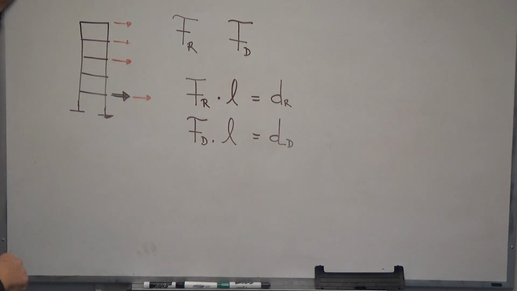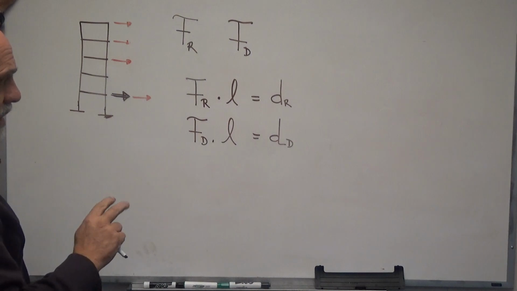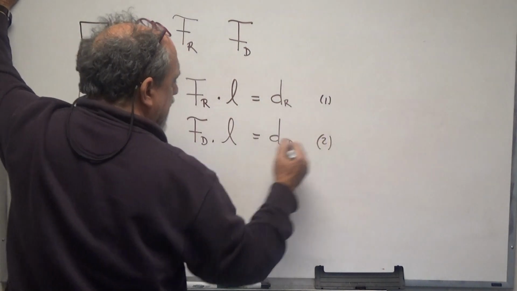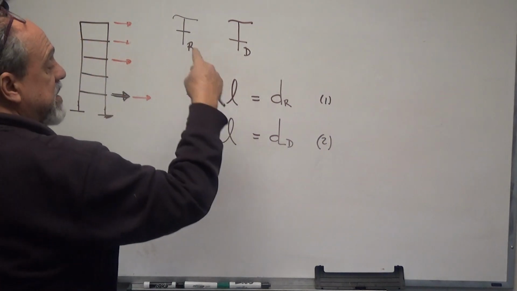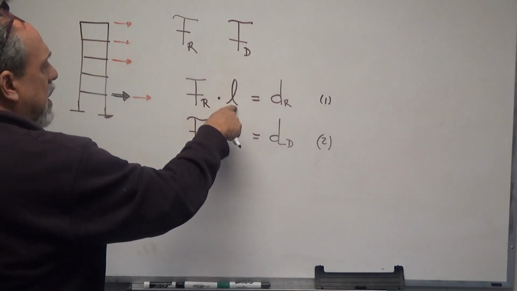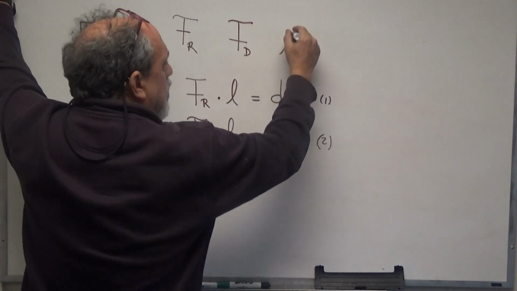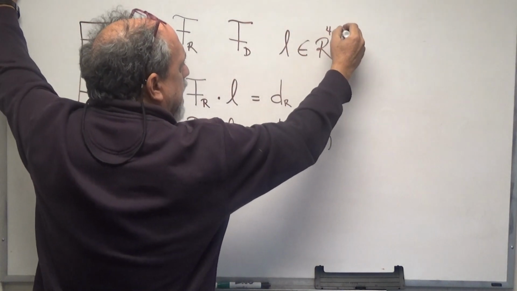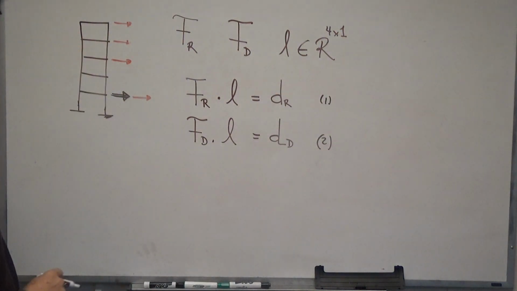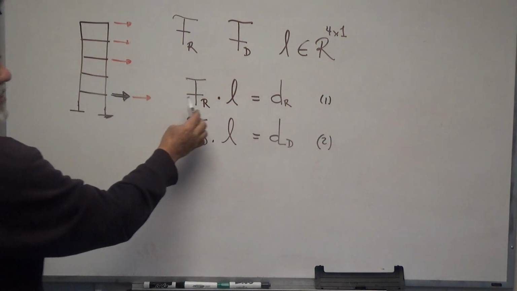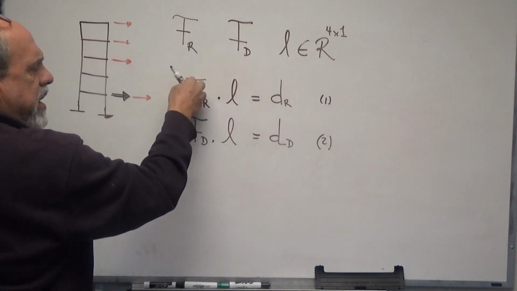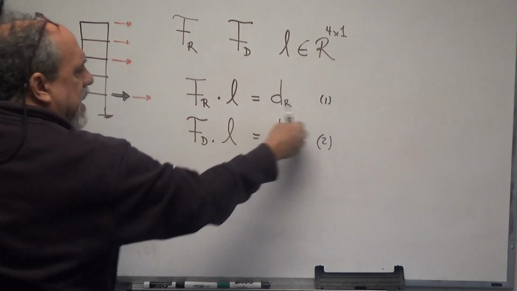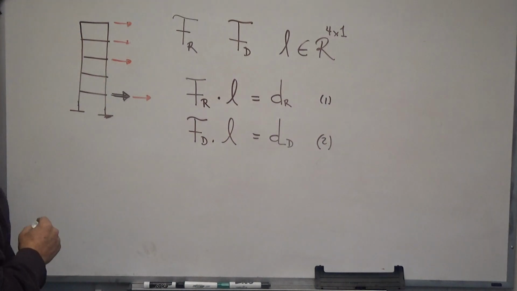Now, this is clear, right? Equation 1, equation 2, that just means I'm taking a load, which I didn't say what it is, some vector L, which in this example would be 4 by 1, right? Because our flexibilities are 4 by 4. And if I took an arbitrary vector L and multiplied it times F_R, I will get 4 displacements. And if I multiply it by the F_D, I would get 4 displacements.